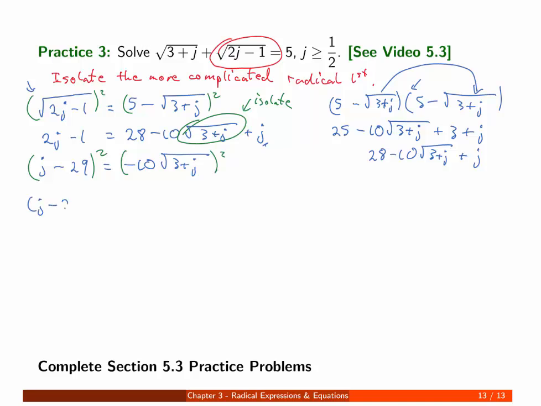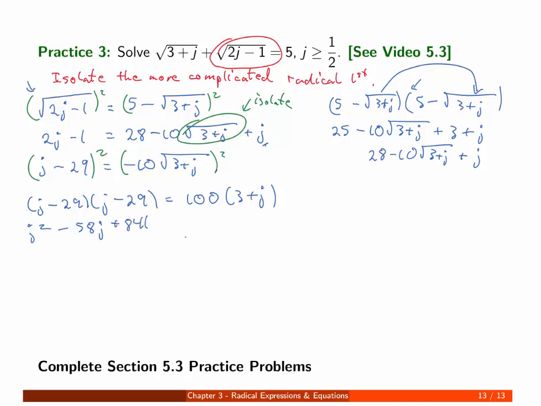So what you're left with here is j minus 29 times j minus 29, because it was squared, equals 100 times 3 plus j. Now I have j squared over here minus, and what's 29? That's 58j. And 29 times 29, what's that? 840 maybe? 841. That was close.